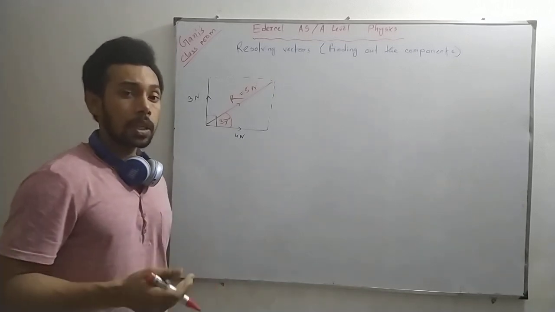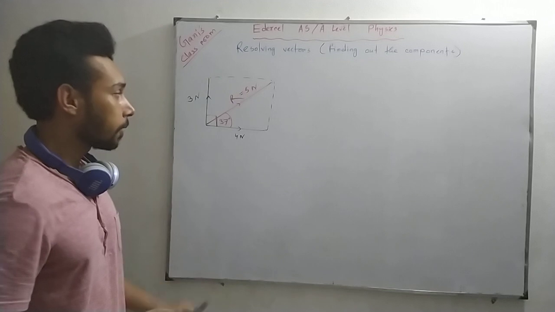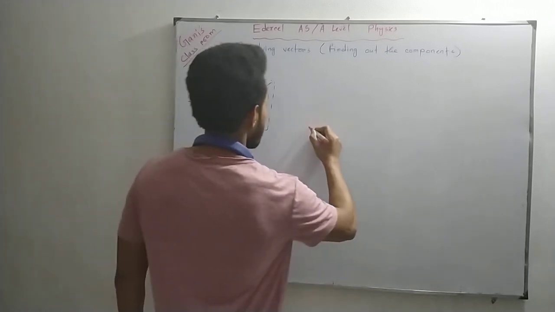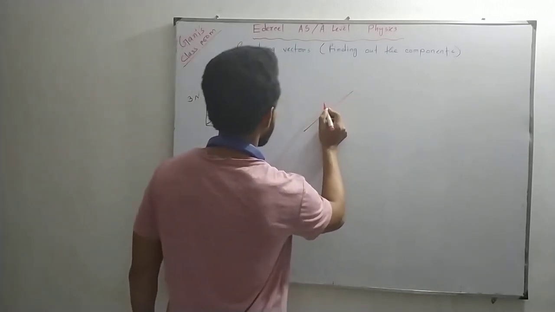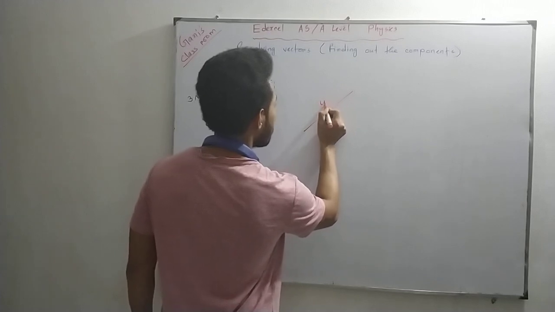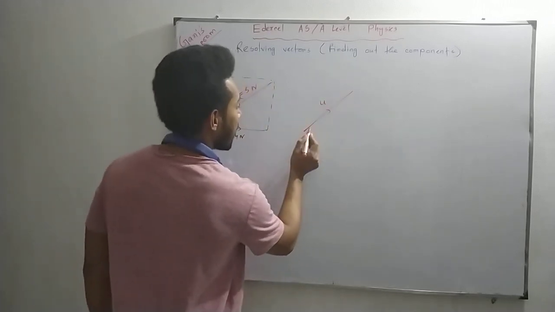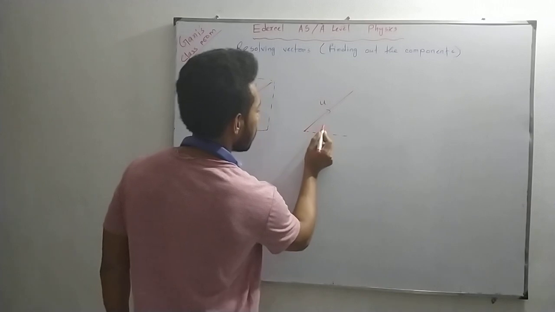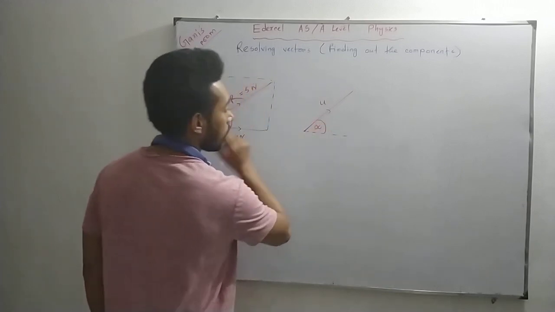Now we are going backwards. Suppose this is the vector given, u, which is acting in this direction with an angle alpha.